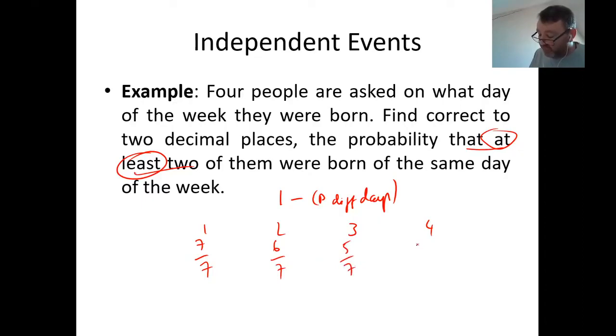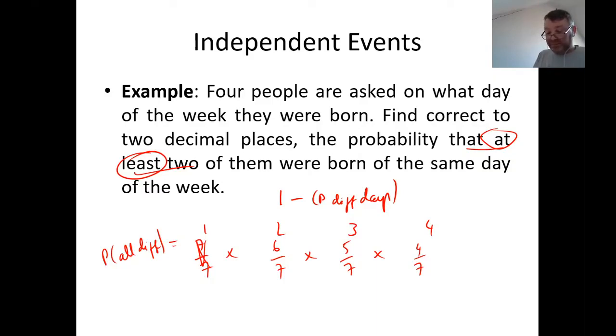And person 4 on any of the remaining 4 out of 7. To work out the probability of all different days, I simply multiply these. You don't have to bother with the first one because that's 1. So we get 6 over 7 multiplied by 5 over 7 multiplied by 4 over 7.